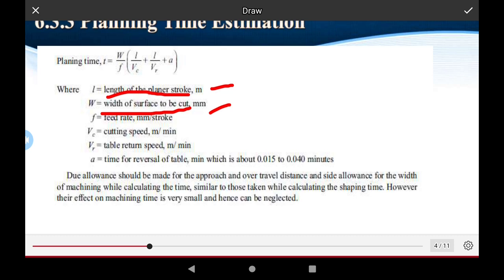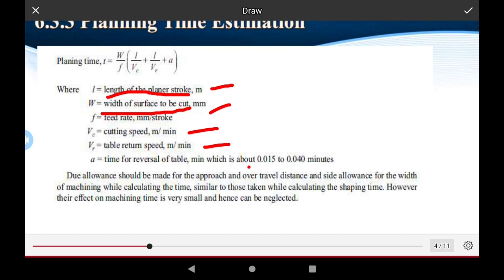Feed rate is in mm per stroke, and Vc is the cutting speed in meters per minute.